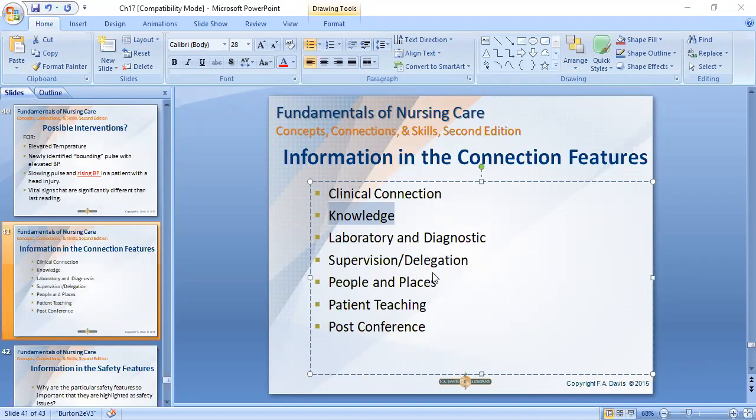So delegate to the co-worker or nursing staff who takes which patient. Also people and place, it is also an important correlation with the patient. If the patient needs, we have to educate them. We have to tell what your diagnosis is, what the treatment options are, which one you prefer.